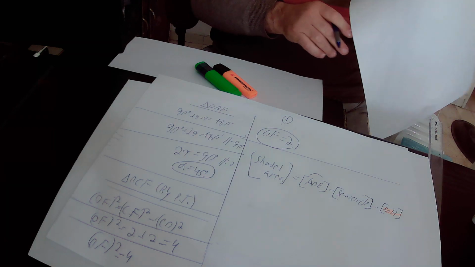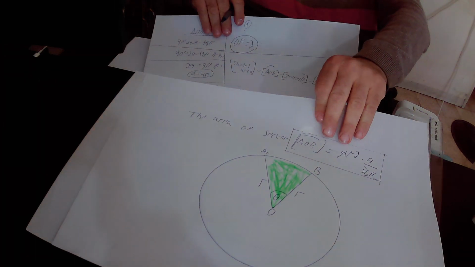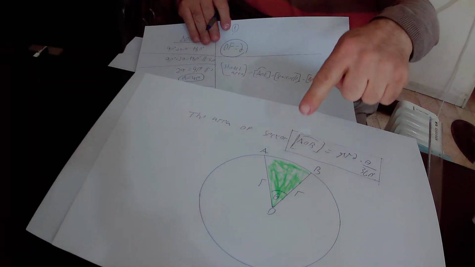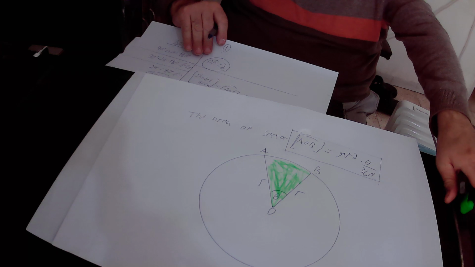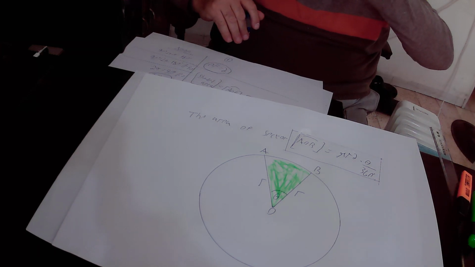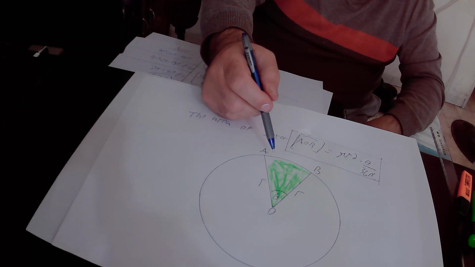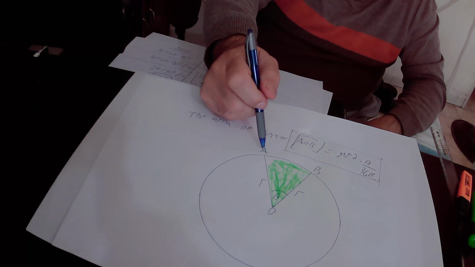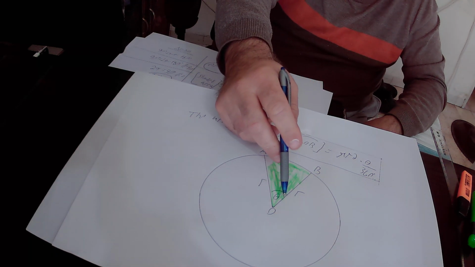What is the definition of a sector? Here, the green shape is sector AOB. Sector AOB consists of two legs. AO is the first leg, BO is the second leg.